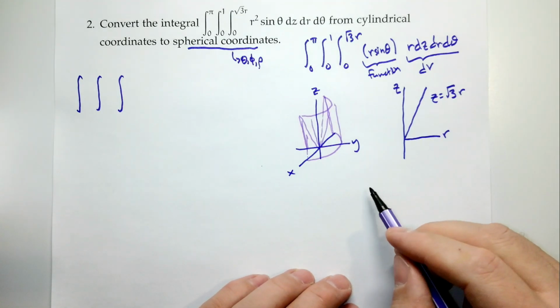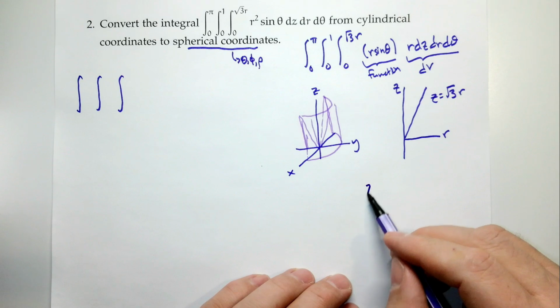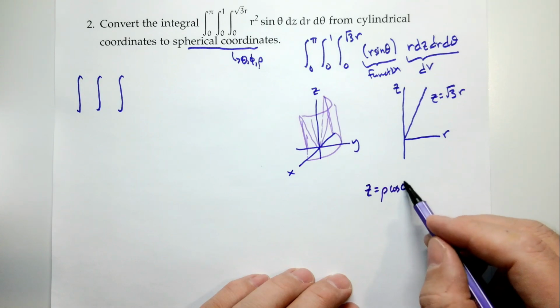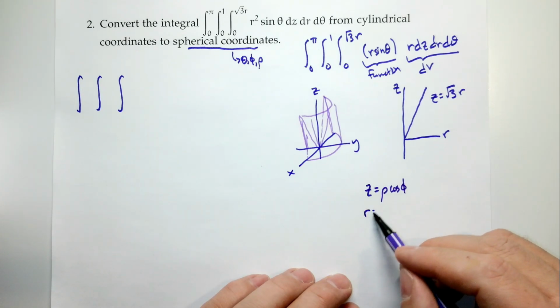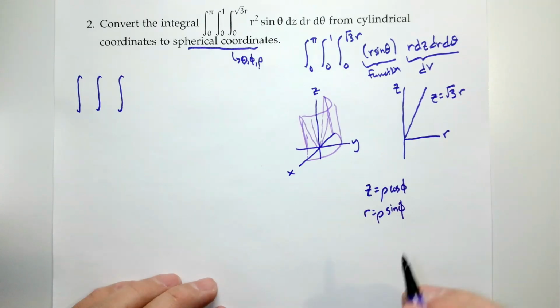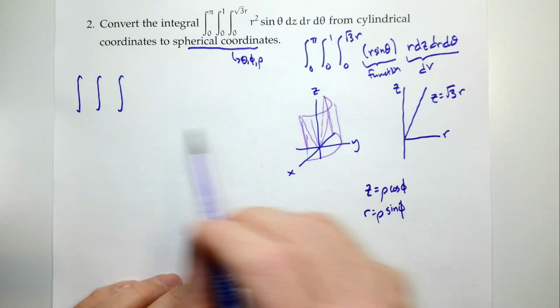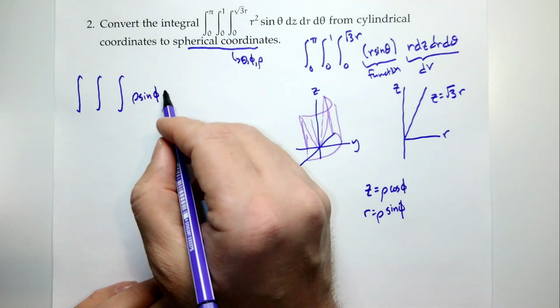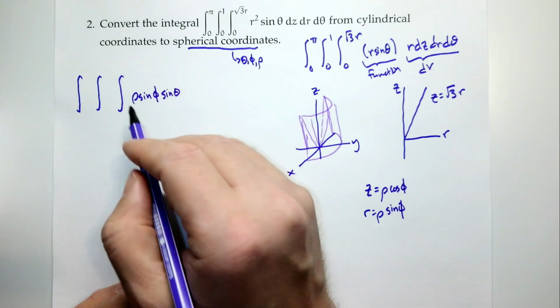So what we get is we have some basic facts. For instance, z equals, we could call it rho cosine phi, and r equals rho sine phi. So I can replace the r by rho sine phi. The sine theta I'll leave as is.